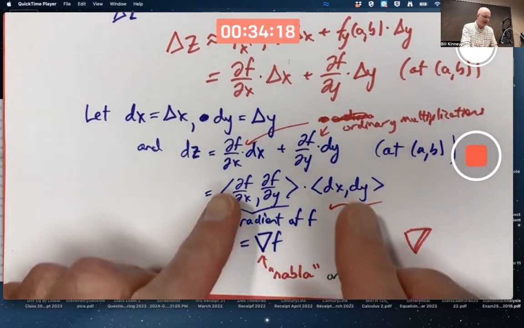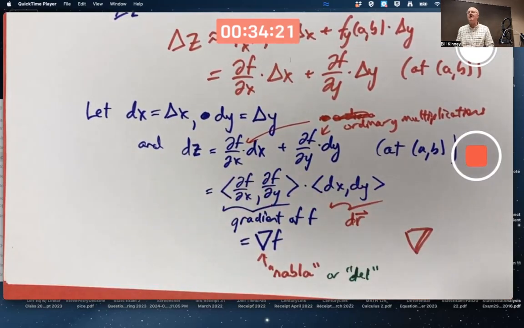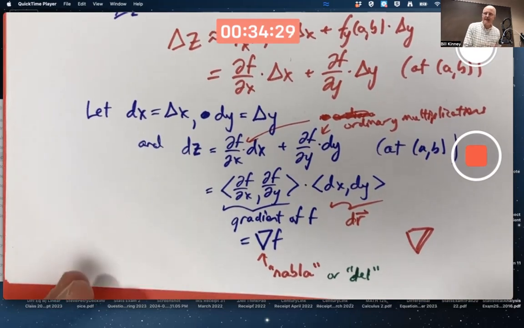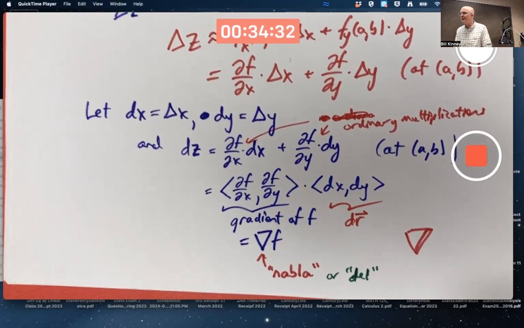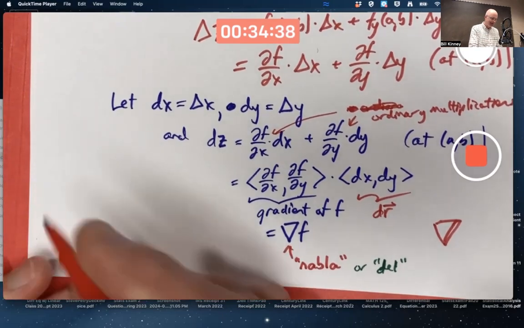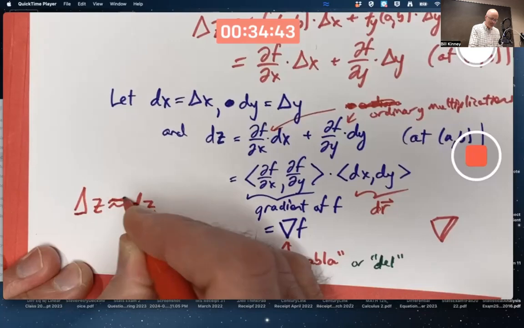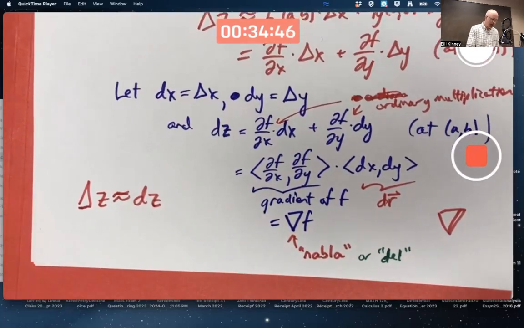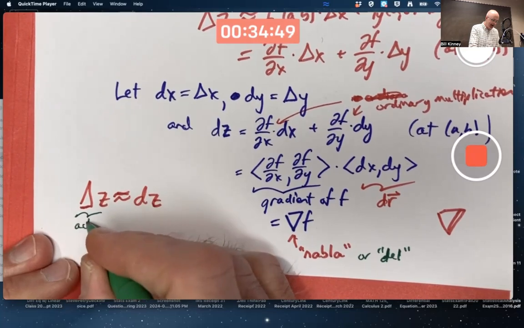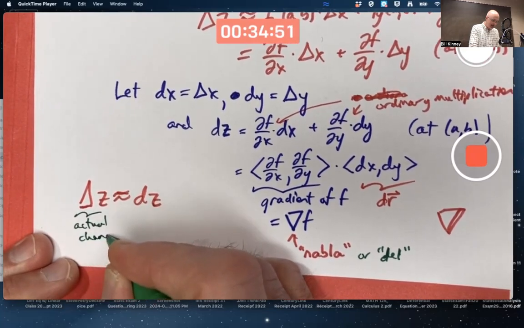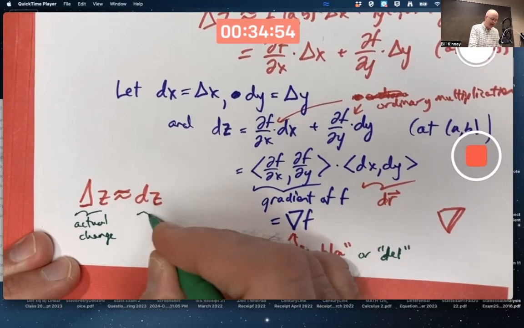We do kind of imagine dx and dy to be so small that they're infinitesimally small, and dz would also be infinitesimally small. But in reality, as far as using this for the homework due after spring break, what we do is we use this to say delta z is approximately dz. The actual change in the function is approximated by, I'll just call it, the approximate change.